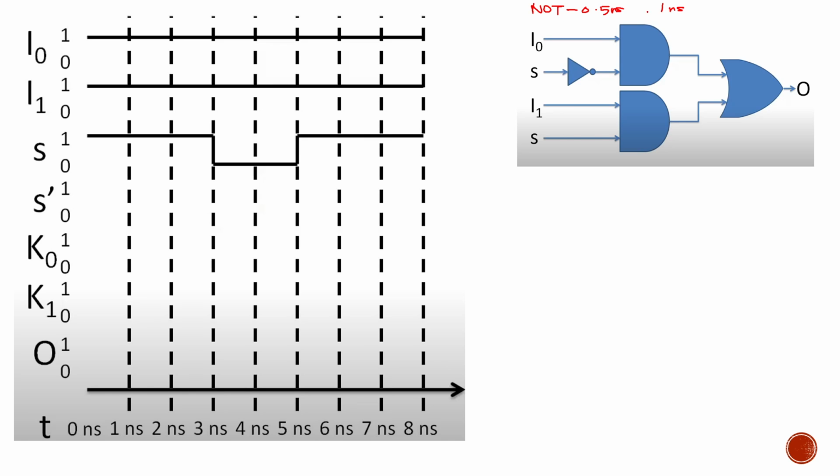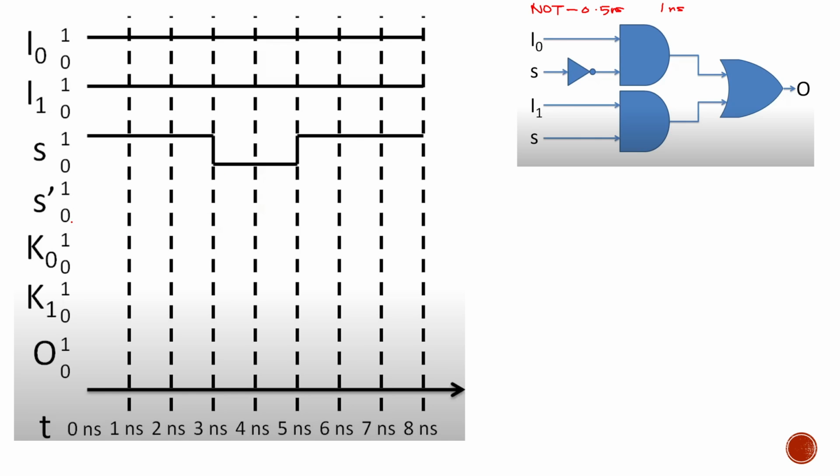Just keep this in mind as we draw. For this timing diagram, suppose the input we want to test is this: I0 and I1 will be constantly high, and S will change from 1 to 0 and back to 1.